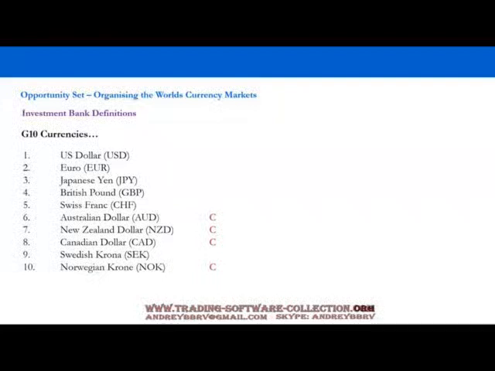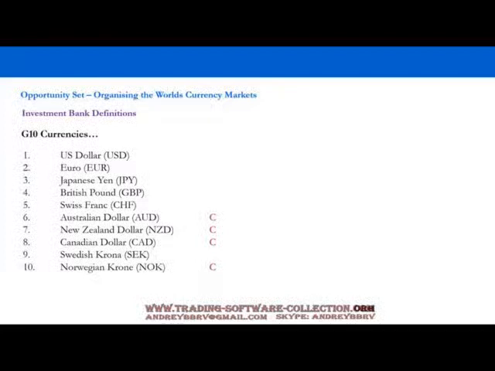And once we start looking at how the Forex market is organized, so once we start looking at how we organize the world's currency markets versus how the participants with conflict of interest actually organize the world's currency markets, we start to see that this organization and the definitions of currencies are actually different to our own.